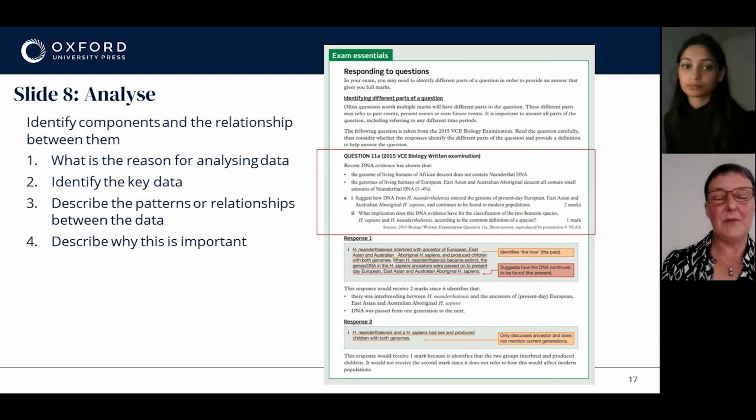So if they're given a bit of information to read and they need to analyse the effectiveness of something, then they need to ask, what am I needing to analyse and why? What's the key data? What are the patterns in it? And then why it's important that it was analysed. Is there a decision or an outcome as a result of that? So watch for these key terms. They're really important.